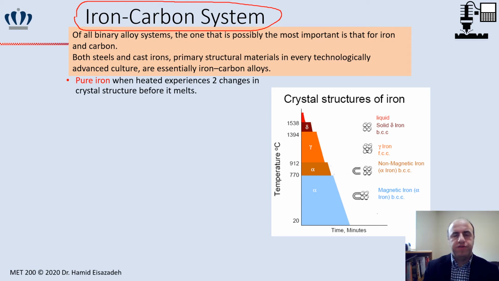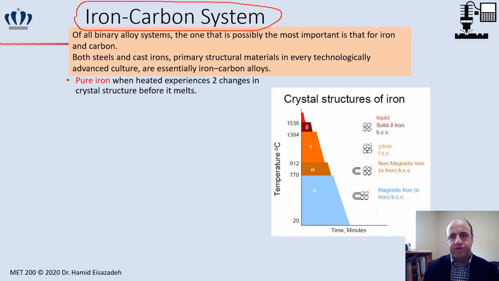If you want to understand the phase diagram of iron carbon, there are some terms that you should know. First, pure iron is a polymorph, so it means when you heat it, it will have a different type of crystal structure.